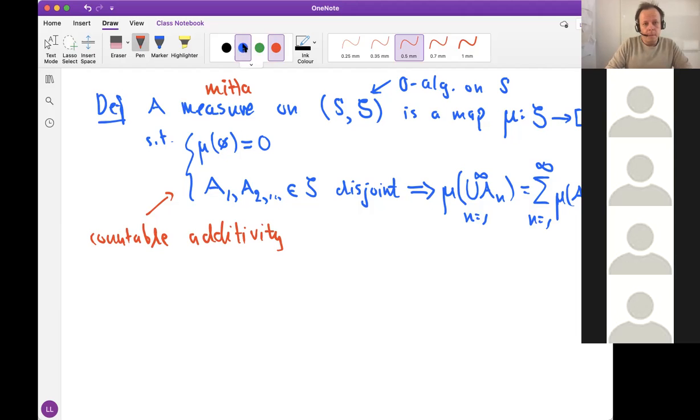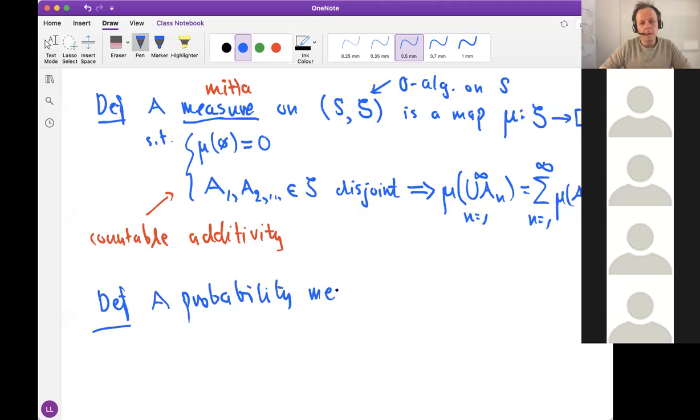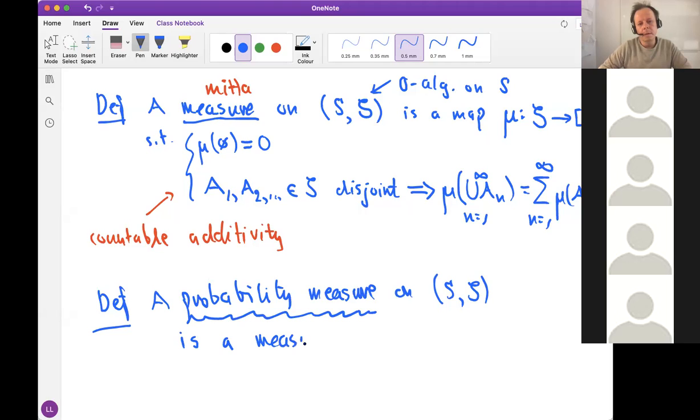Then what else do we want to define? We want to define also the probability measure. Well, what is that? It is just a measure with total mass 1.